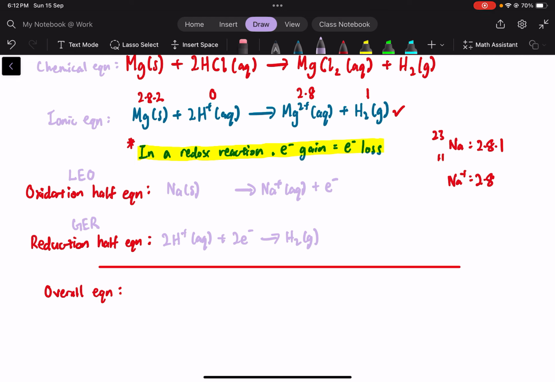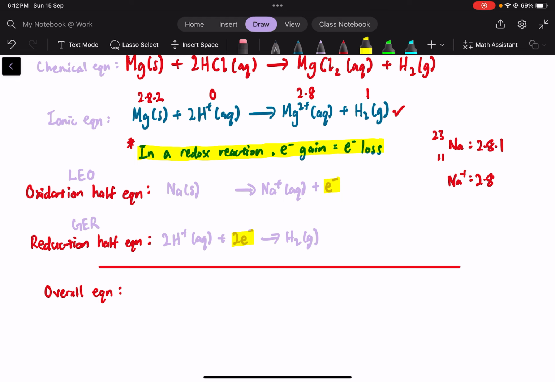Now remember when we said that in a redox reaction, the electron gain has to be equal to electron loss. However, for the oxidation half equation, there's only 1 electron involved, whereas the reduction half equation has 2 electrons involved. So we will have to balance the electrons out.